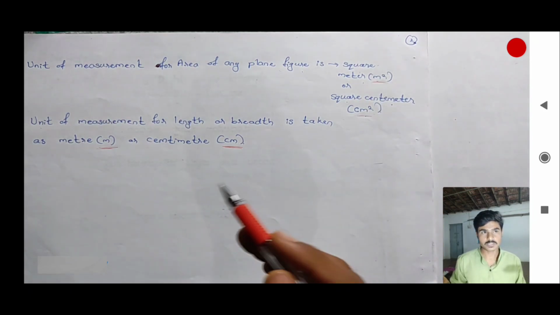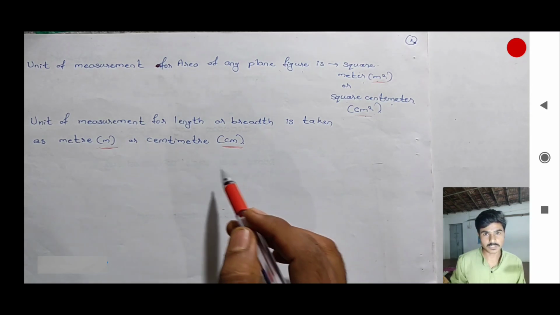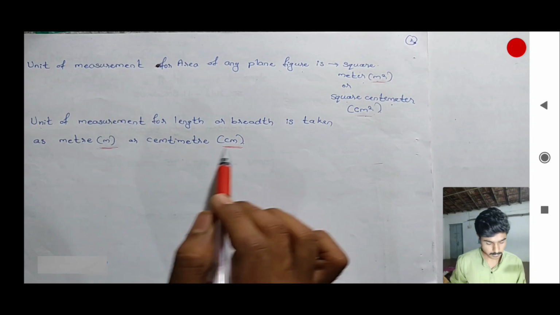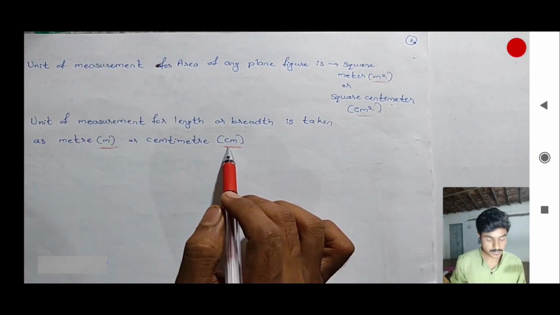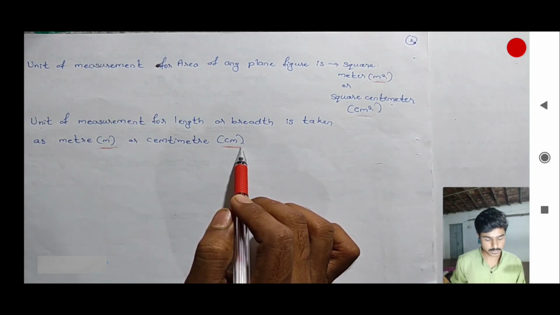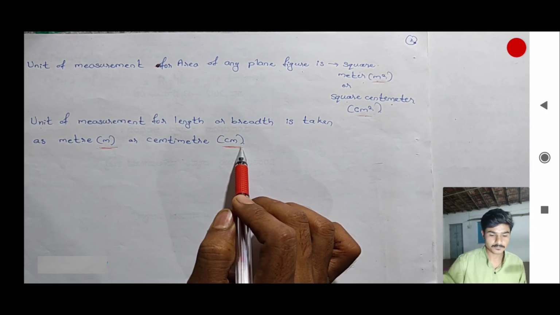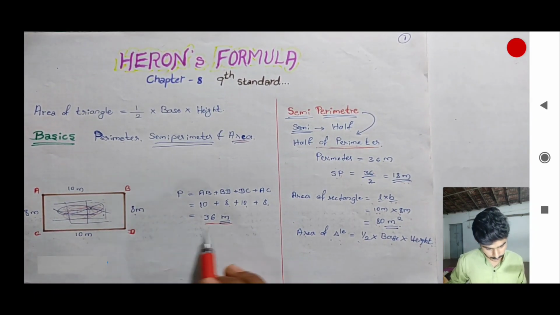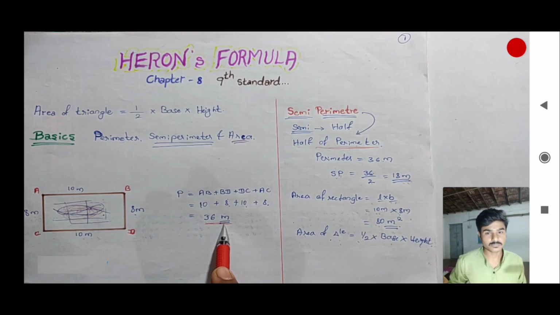Or else, if we find the value of perimeter or semi-perimeter, we need to write the value as meter or centimeter based on the problem. For example, we found the perimeter here, so we wrote the unit as meter.